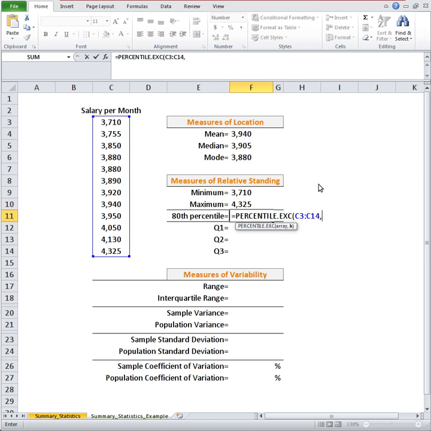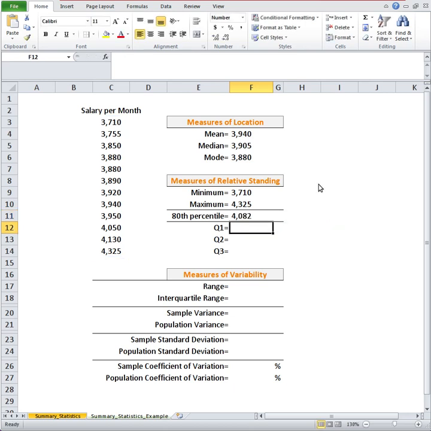And then we're going to enter 80 percentile, so 80%. And with this, we're going to get the percentile that we're looking for.